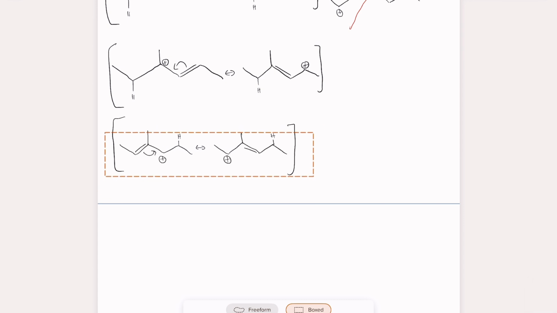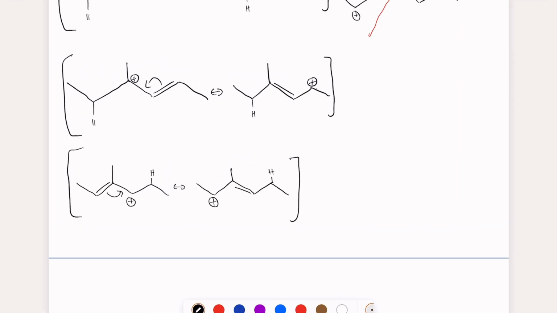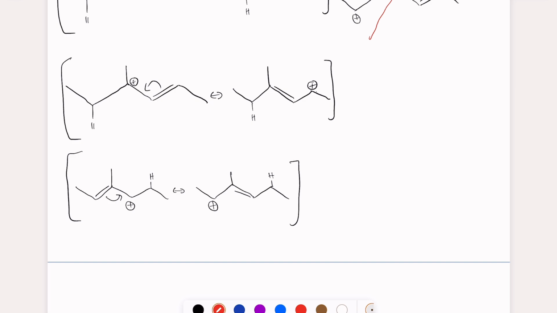So how do we differentiate which one will form our most stable products? Well, we can see the type of substitution on the carbocations. So in this structure here, you have a tertiary substituted carbocation. On this structure, you have a secondary. On this structure, you have a secondary. And on this structure, you also have a secondary.